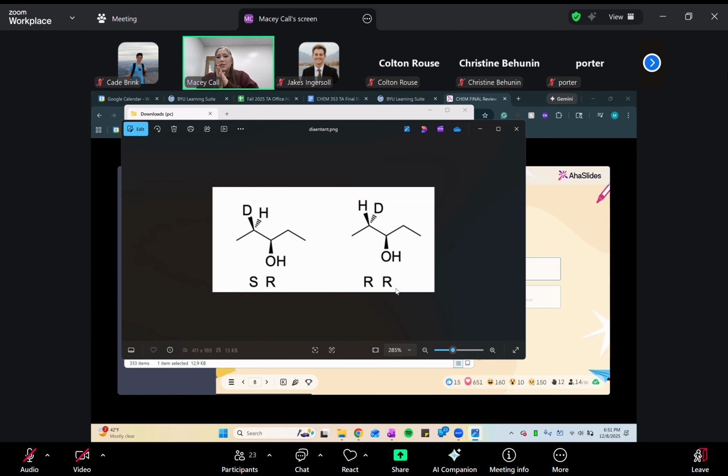What I like to think about, if you're in my section, you've probably seen me do a funny dance, is that if my carbon chain is here and I have my oxygen here, if I have a hydrogen also facing forward, is that the same as a hydrogen facing back relative to my alcohol? And the answer is no, right? Because one of them is going to be closer, in the same plane as the oxygen, and one of them is not. So if we look at the stereochem assignments here, we can see that it's SR and RR, and only one changed, which means that it's going to be diastereotopic.